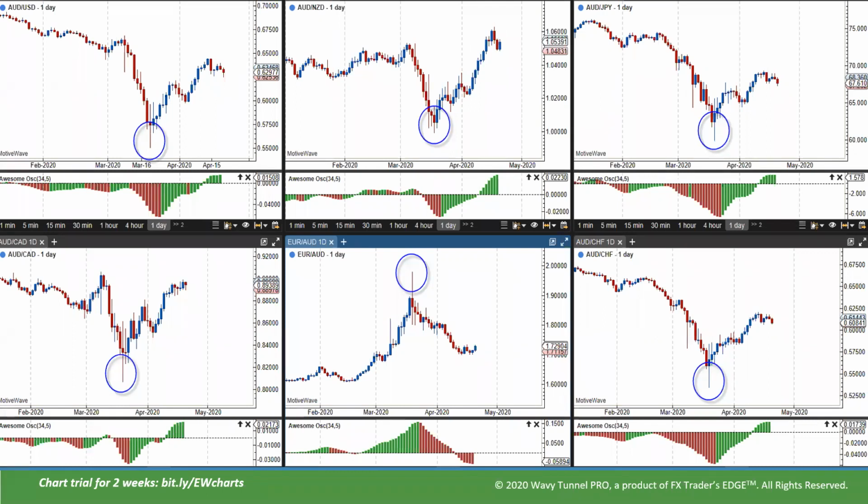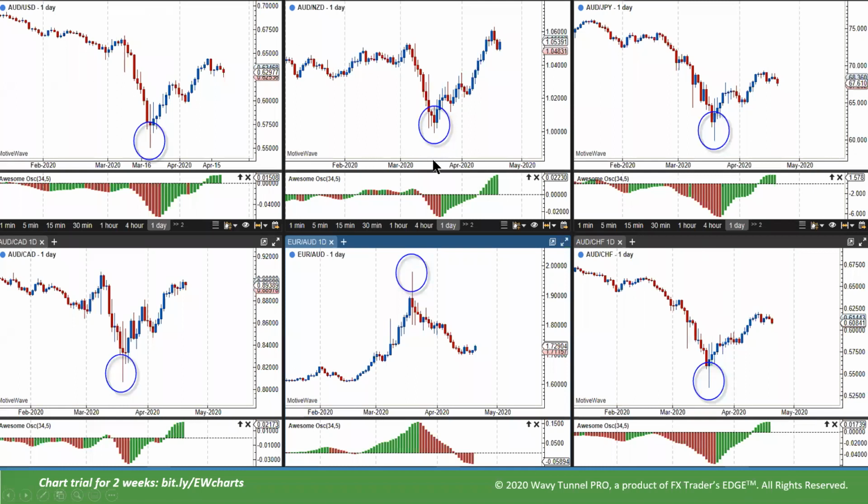Now, just to show you, I took all of the Aussie pairs during that period, just to show you that we had the exact same move in all of these markets. So the Aussie Kiwi, the Aussie Yen, the Aussie Canada, the Euro Aussie, and the Aussie Swiss. The exact same moves. Not all were the exact same candlestick patterns.